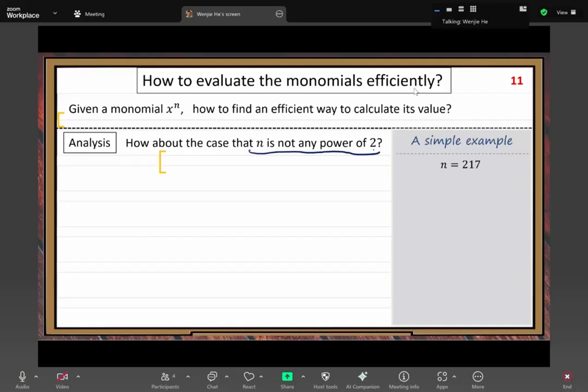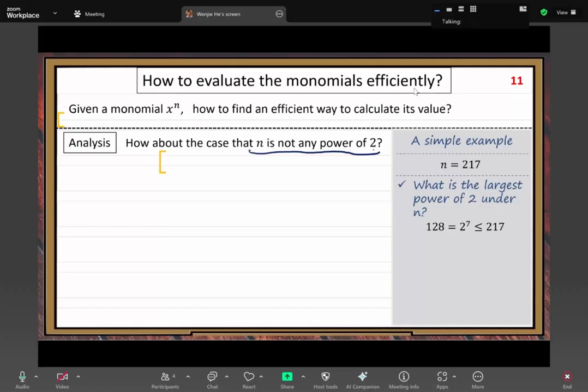What is the largest power of 2 under n? The first question: largest power of 2 under 217. It's 128, equals 2 to the 7th.